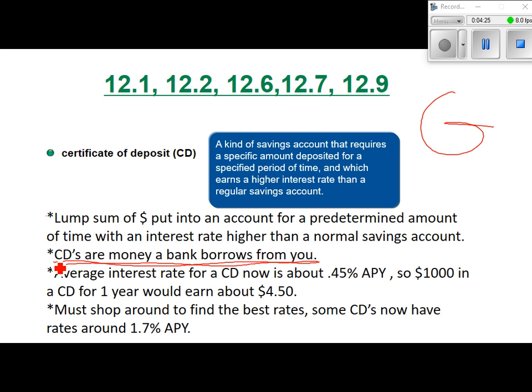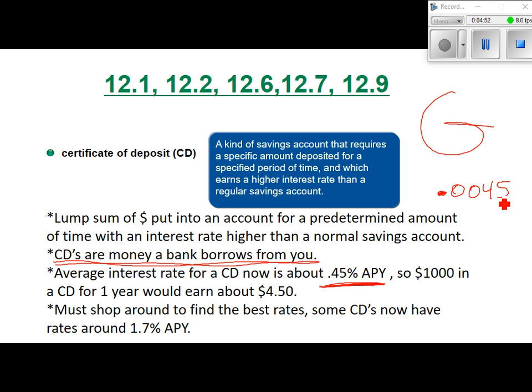The average interest rate for a CD right now is about 0.45% APY, annual percentage yield. So again, if we change that to a decimal form, that's about 0.0045. That means about half a penny. So if you put $1 into this account for a year, you would earn about half a penny over that year.